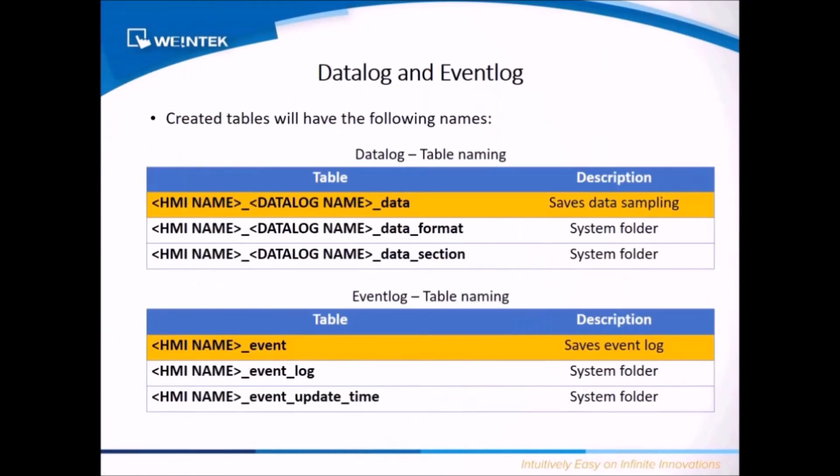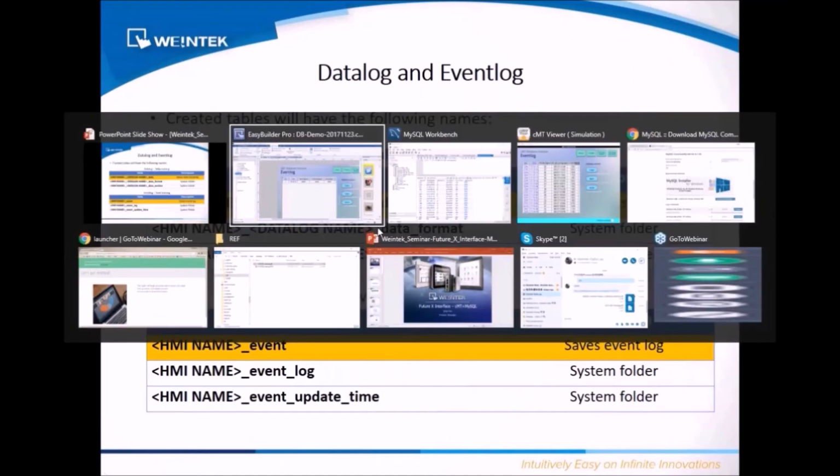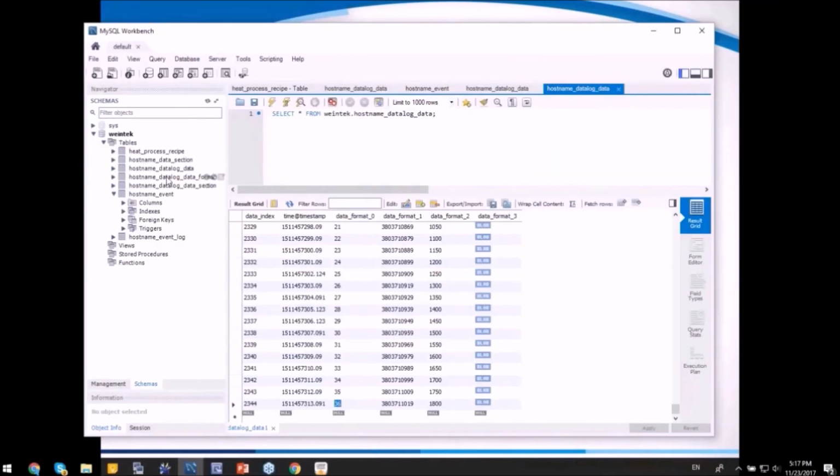All right, so this is Datalog and Eventlog, and more details. So the table name for the Datalog is like this. You will have the HMI name and Datalog name with a postfix data, and the 2 below it are the system folder. Let me open up the MySQL workbench, and you can double check right here.